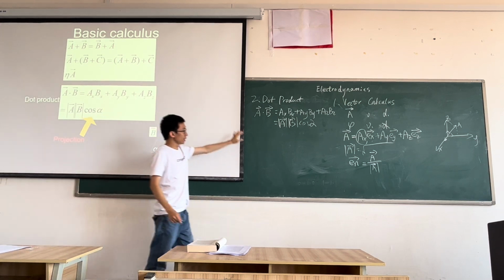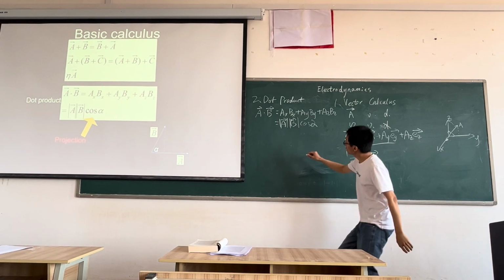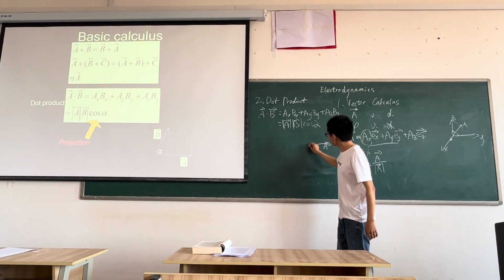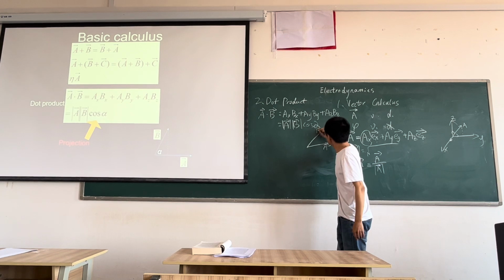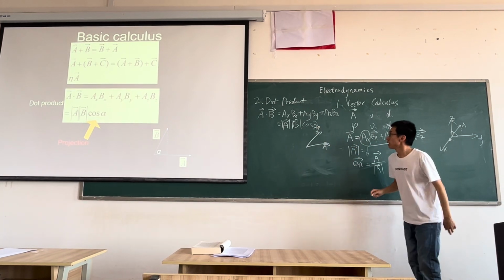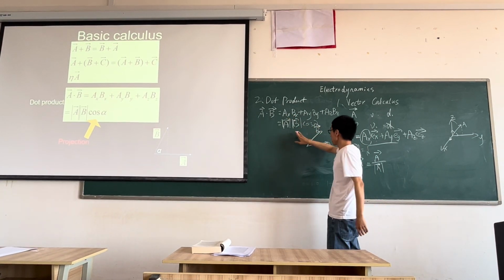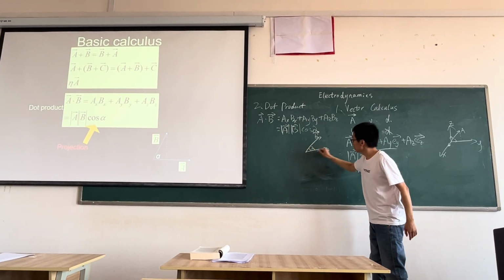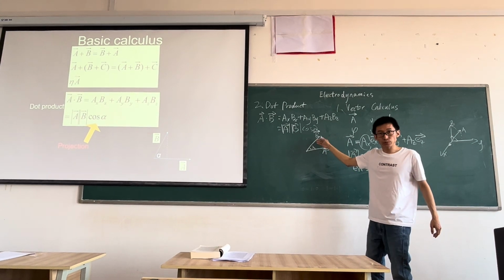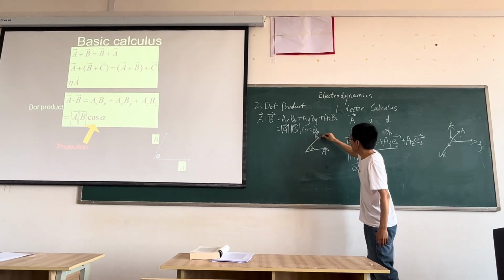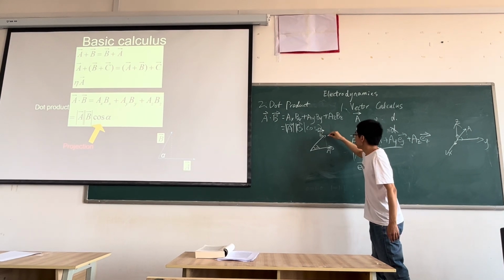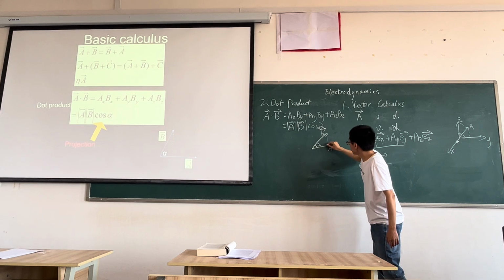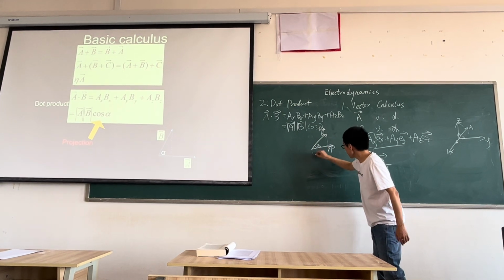So let's draw its geometry. For example, we have vector A here, and we have a vector B here. So let's look at B cosine alpha, where alpha is the angle between the two vectors. B cosine alpha means B projected to the direction of A, which equals this length.